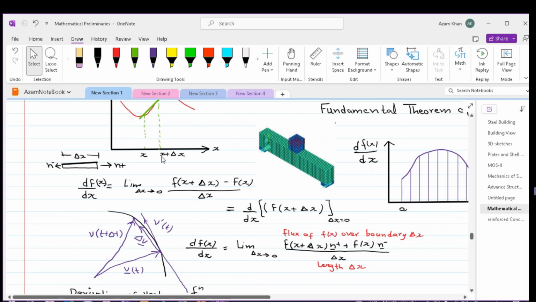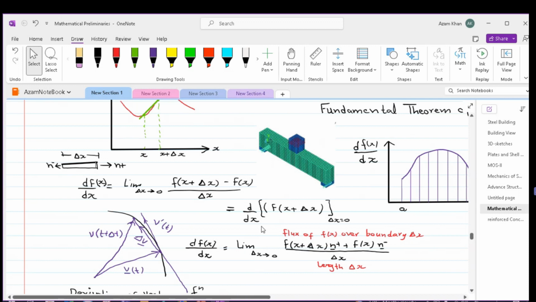So in the case of flux definition of the differentiation of a function with respect to x, we have the function value at x plus delta x. We multiply that with the normal, and this normal corresponds to the step delta x. Together, this gives us the value of flux over the boundary delta x.